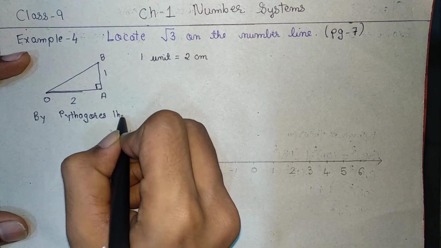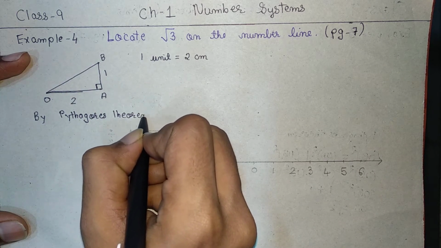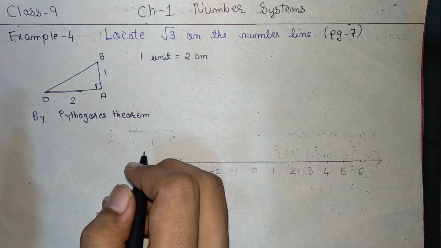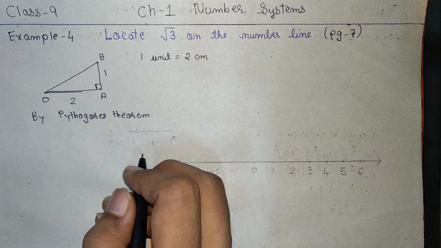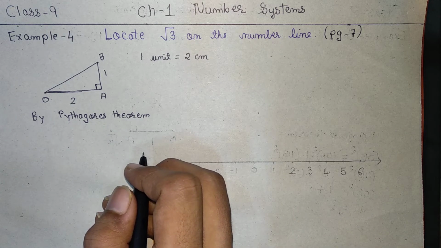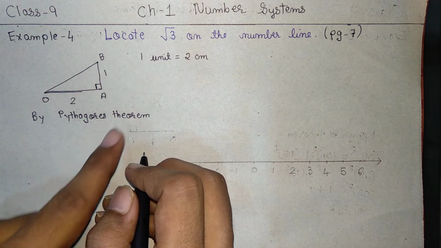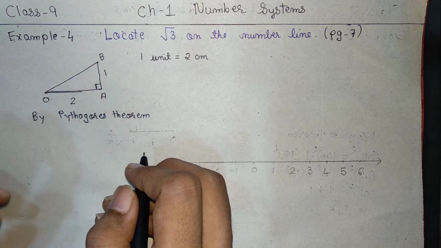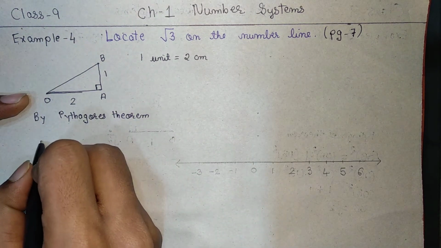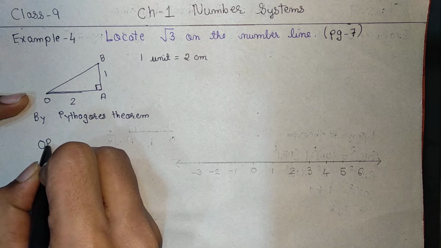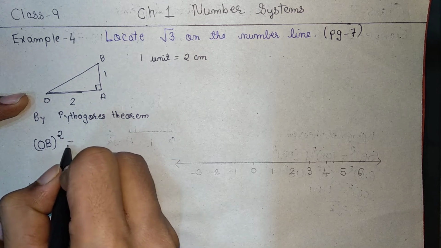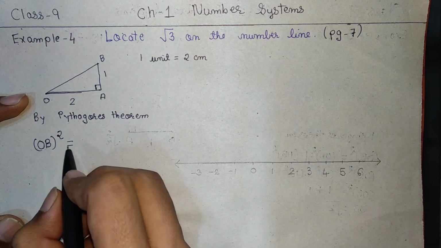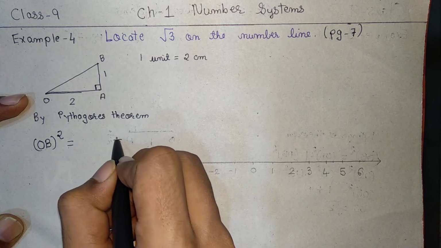The Pythagoras theorem states that the square of the length of the largest side of the triangle is equal to the sum of squares of the other two sides. Which is the largest side? As you can see, it is OB.